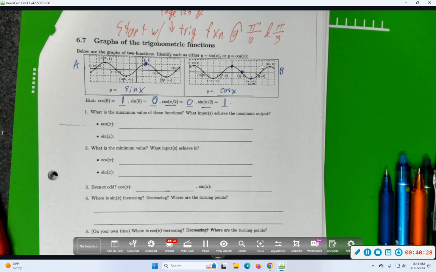The highest point. What's the highest value cosine takes? I'm not looking for the x value, I just want the output value right now. 1. The maximum value cosine takes is 1.